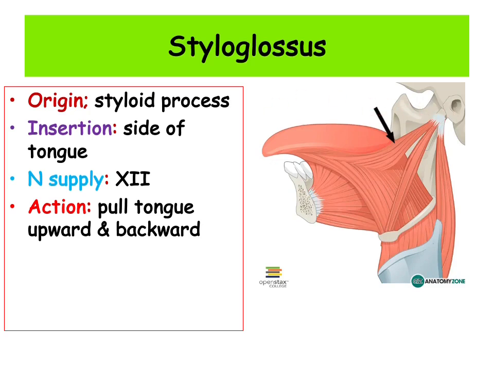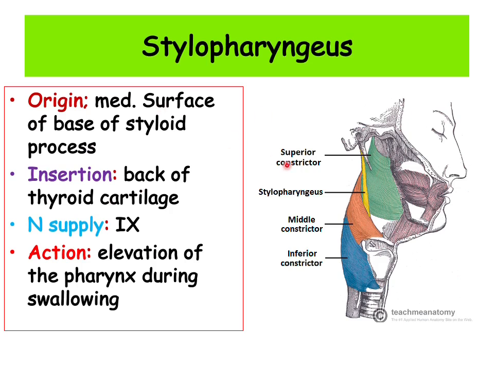The last muscle is the stylopharyngeus muscle. Remember that the pharynx is formed by two types of muscle: circular ones, which we name constrictors, and we have three of them, and three longitudinal muscles. One of them is the stylopharyngeus, coming from the styloid process to be inserted into the back of the thyroid cartilage.